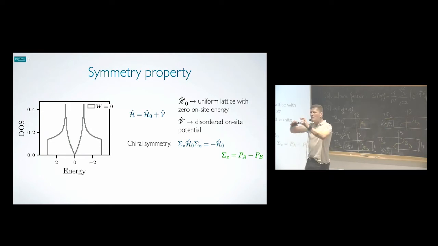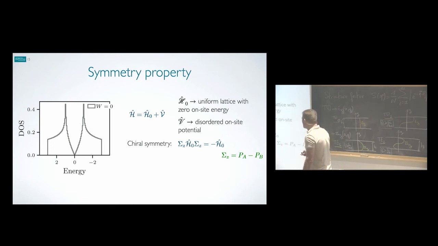Because if you have in mind the block representation of the 2 sublattices A and B, this operator is 1, minus 1. So this is why we call it sigma z. And this is a chiral anti-symmetry, well known for this system, which is responsible for the symmetry of the band. And only topological edge states appear at 0 energy and break this symmetry. This is why the topological edge states are sublattice polarized.